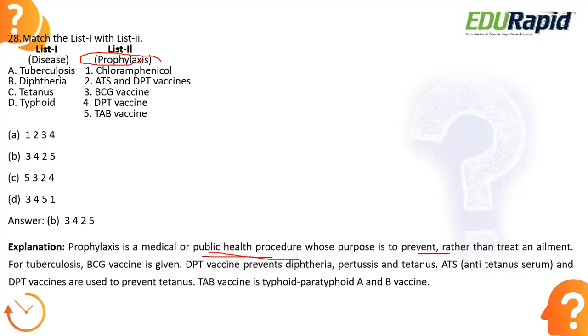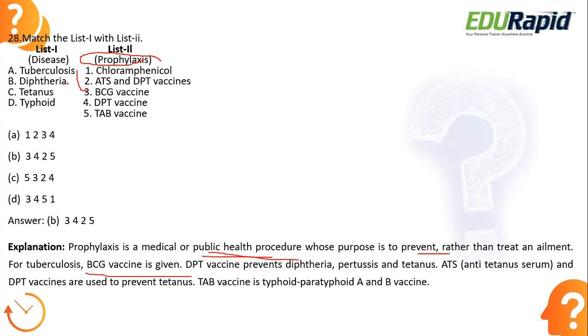So when we are looking at the different diseases, the vaccine provided for tuberculosis is the BCG vaccine. BCG vaccine is provided to prevent tuberculosis. And we know that when a child is born, these are the major vaccines provided to them at specific ages and regular intervals of time.